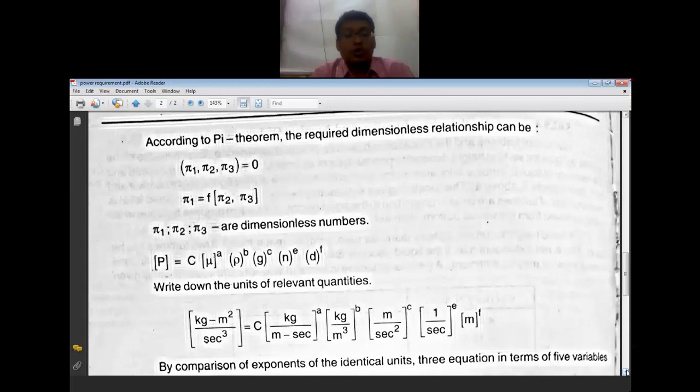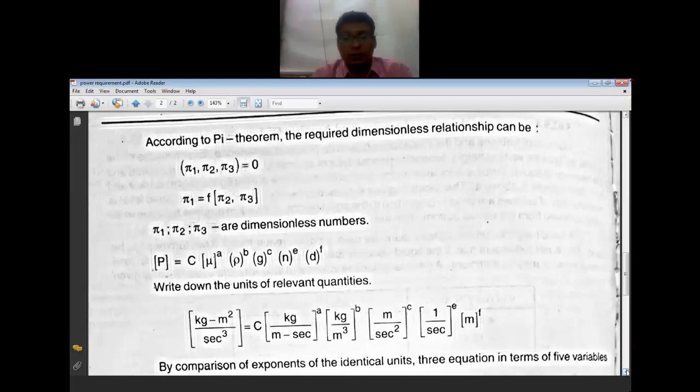Now we must know the units of all these to make a dimensionless number. What is actually power? Power is written in terms of watts. Watt is nothing but joules per second, and joule is Newton meter.